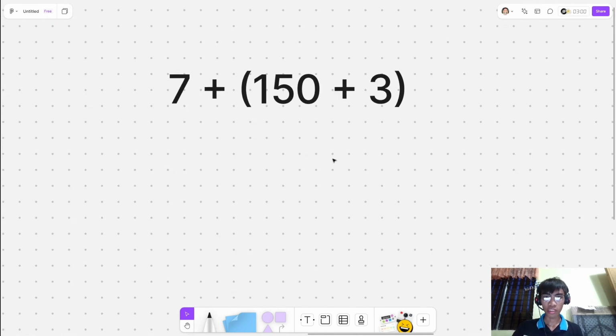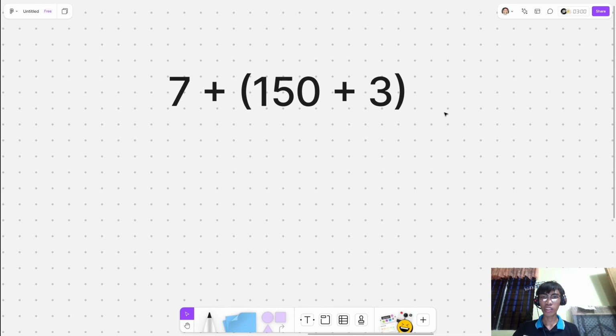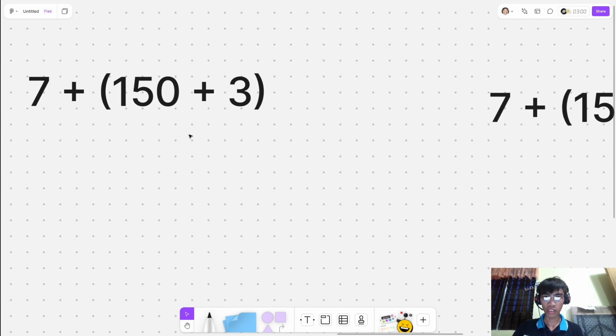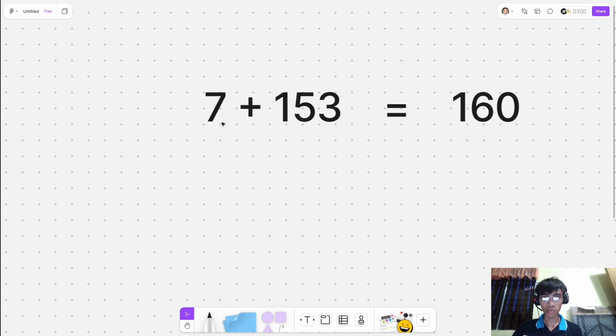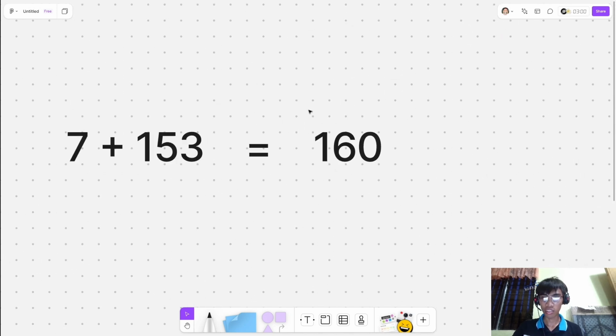Now we have 7 plus 150 plus 3. Let's finish taking care of what's left in the parentheses. 150 plus 3. We have 7 plus 153. And finally, the sum of the two numbers is 160.